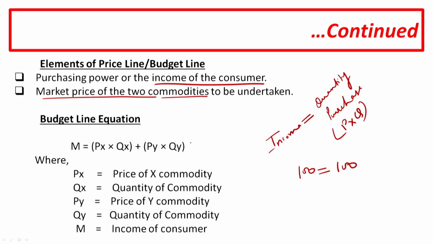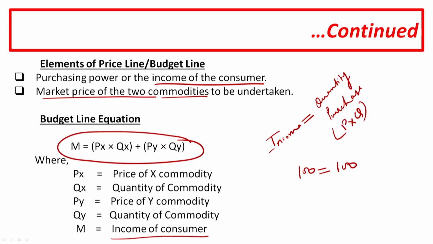This can be represented with the formula of price line, which says M is equal to Px into Qx plus Py into Qy, whereas M denotes income of the consumer, Px denotes price of X commodity, Qx denotes quantity of X commodity, Py denotes price of Y commodity, and Qy denotes quantity of Y commodity.